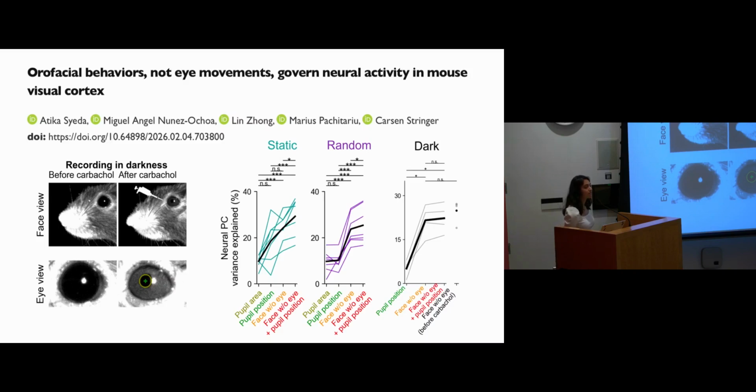I have two questions. First is maybe related to Catherine's previous results that she found that the movement rather than the visual stimuli can help predict the neural activity. But here, have you compared, for example, the pupil area and the position versus visual stimuli?